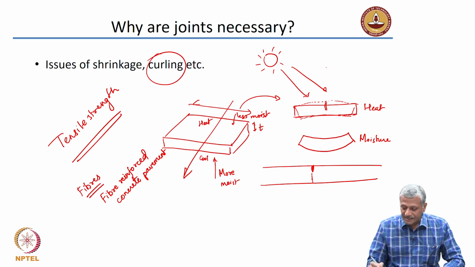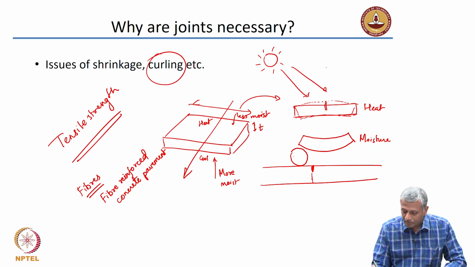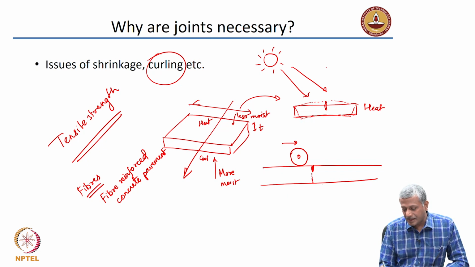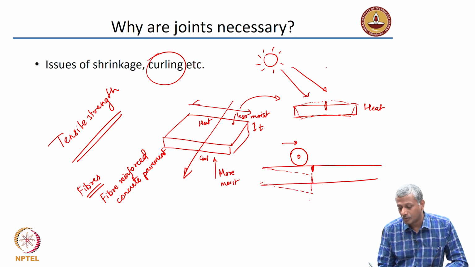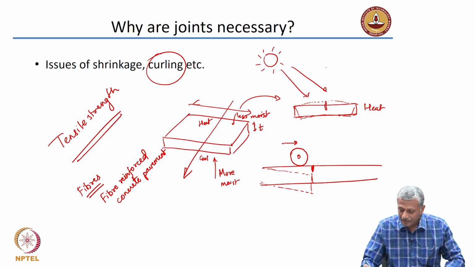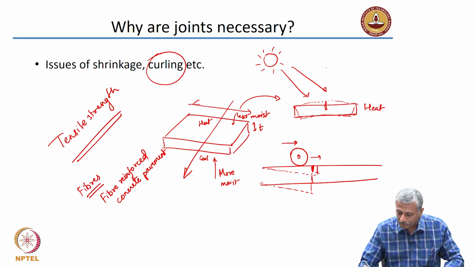Now, what will happen is, as the wheel passes on top of the pavement, this slab will tend to deflect down. I am just exaggerating, obviously. This level of deflection for a wheel load will not be seen, but there will be a deflection of the slab down, and as it passes on to this side, this slab also will start deflecting down.